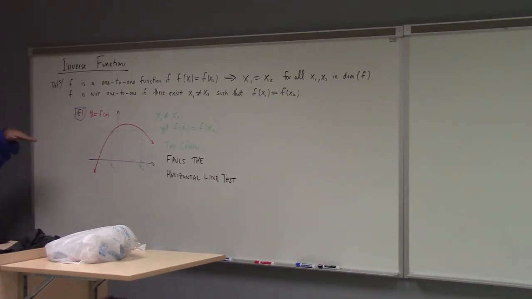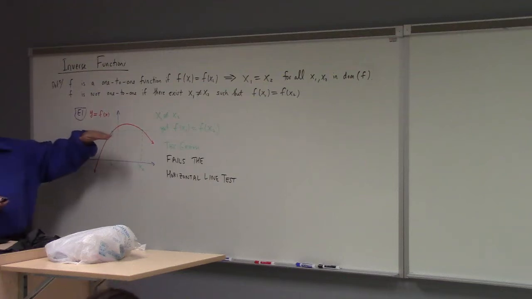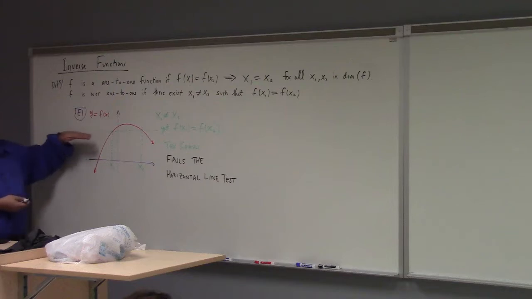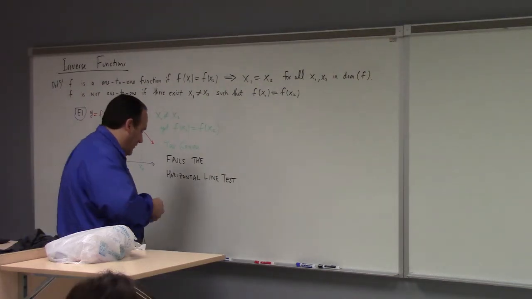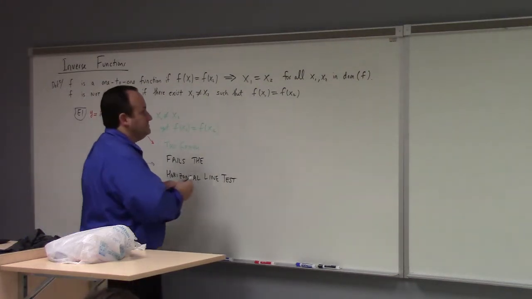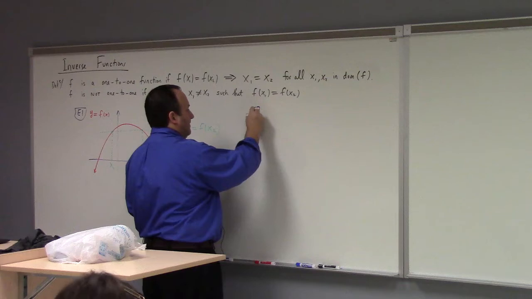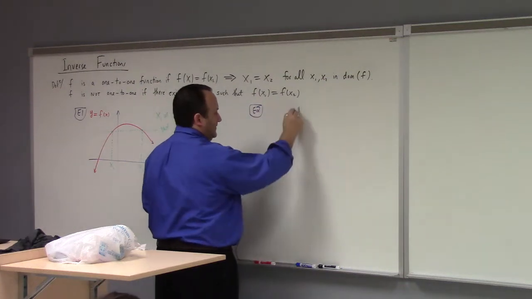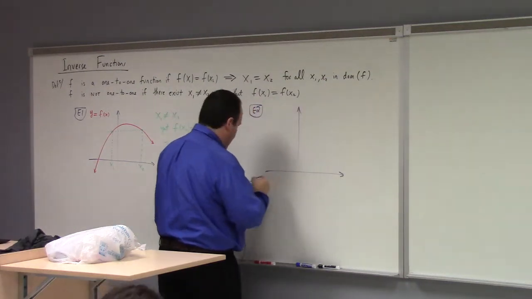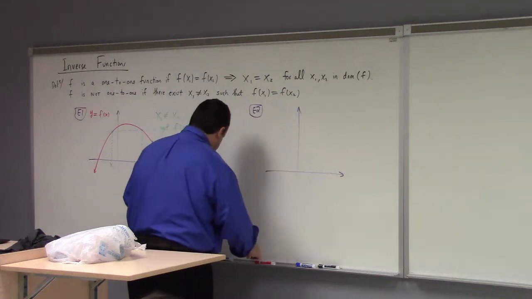So passing the horizontal line test means that no matter what horizontal line you draw on the xy plane, that horizontal line will only hit the graph of the function at most one point. An example where you do have a one-to-one function, there are many possibilities, but here's one.